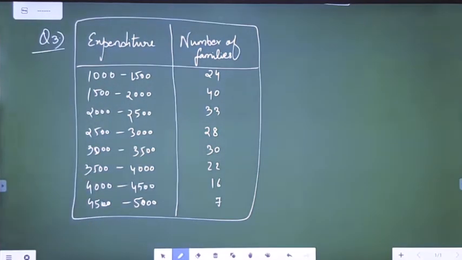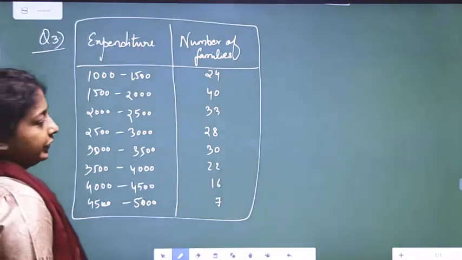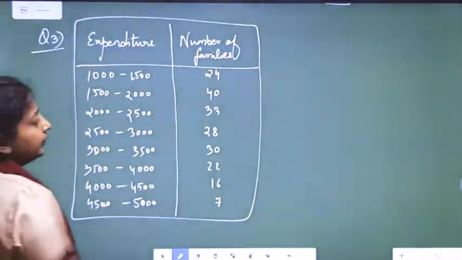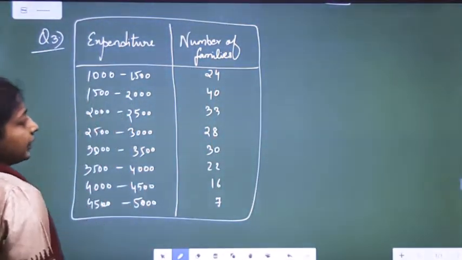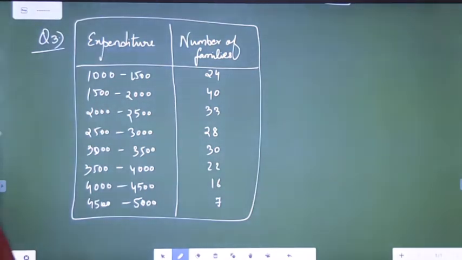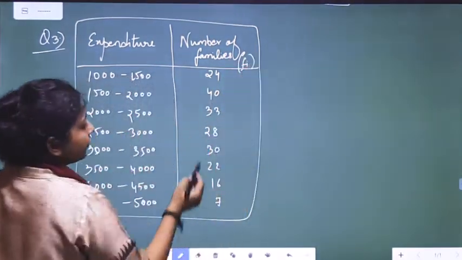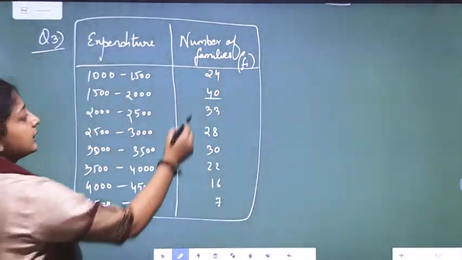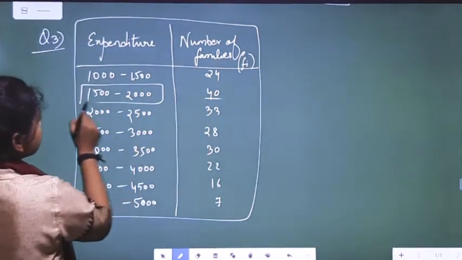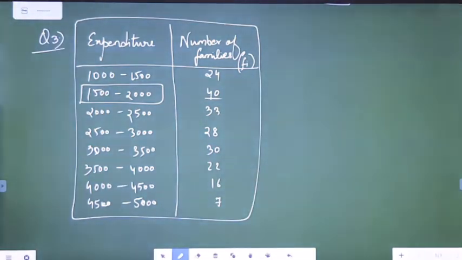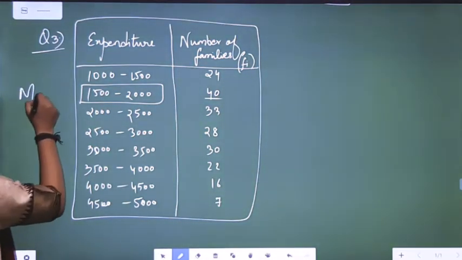Here we have to find the modal monthly expenditure. That means first of all we'll identify the modal class. For that we'll look at the frequency. See, the maximum value here is 40. The class interval corresponding to this is 1500 to 2000. So this will be our modal class.